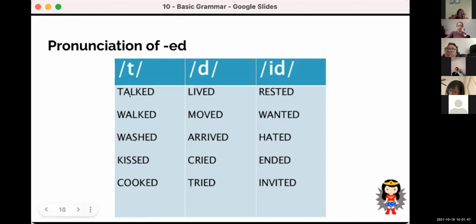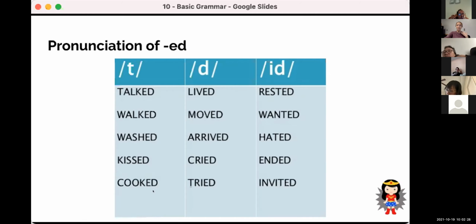So let's listen to these words with the ED ending. As you're listening, you can repeat after me and put your hand on your neck so you can listen and feel the end of the word. Talked, walked, washed, kissed, cooked.